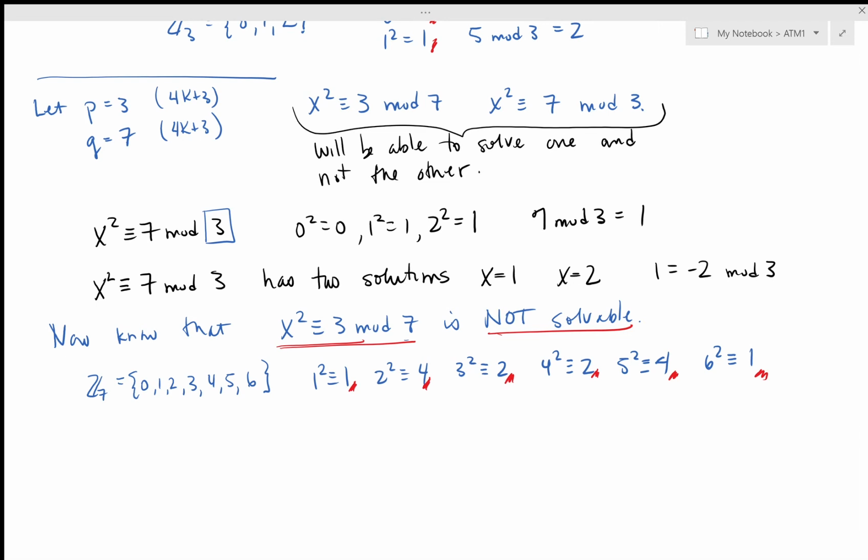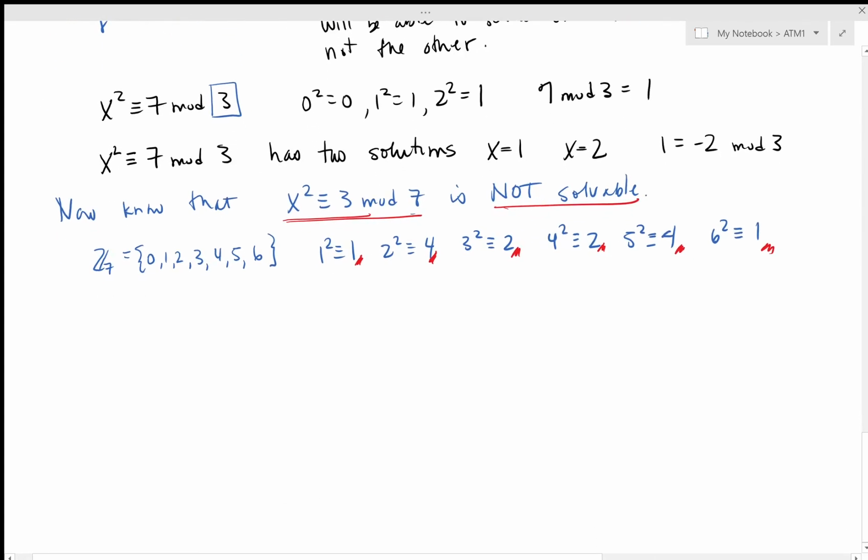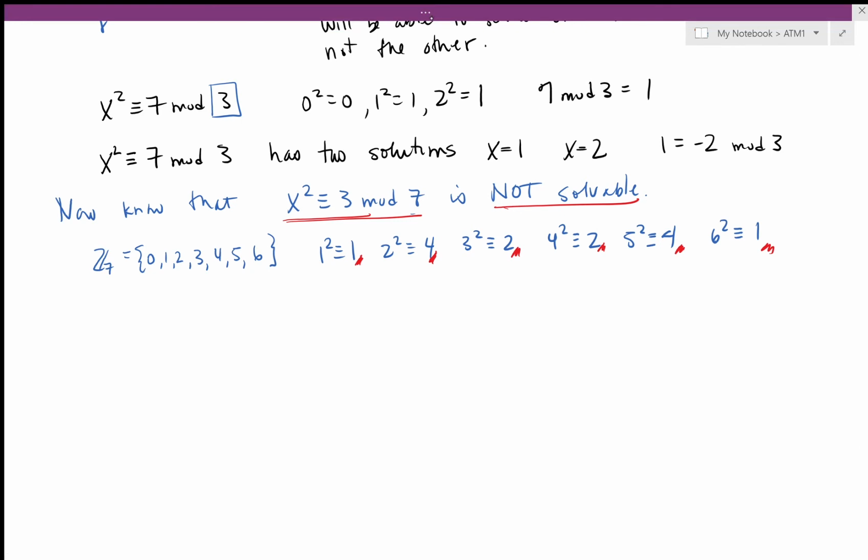Now that we've got the idea of the Legendre symbol, the Jacobi symbol, and the law of quadratic reciprocity, I'm going to list some facts that we can use to get around factoring. What we want to be able to do is calculate the Jacobi symbol without factoring, because that is time-consuming and very difficult, particularly with large numbers.